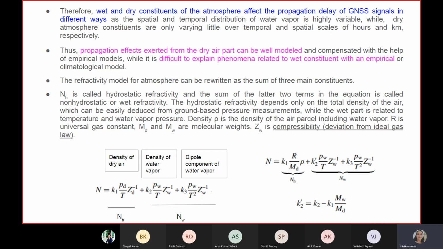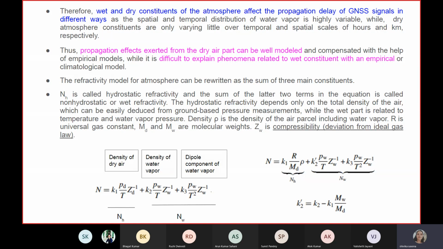Another thing you can see here is that H stands for hydrostatic, meaning the hydro part is not changing much. That means it represents dry. And how do we represent wet? The wet portion is represented by the term non-hydrostatic or directly wet.